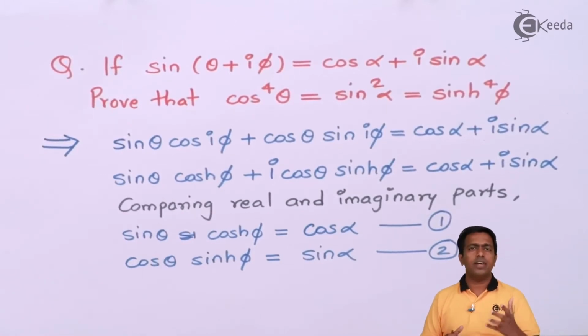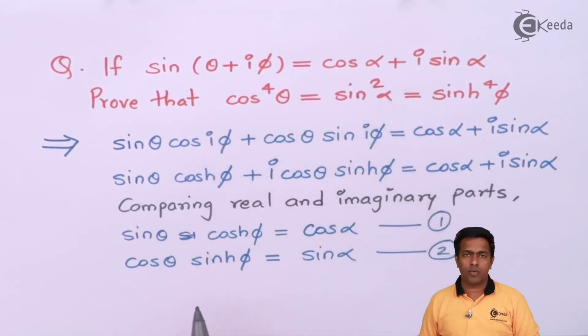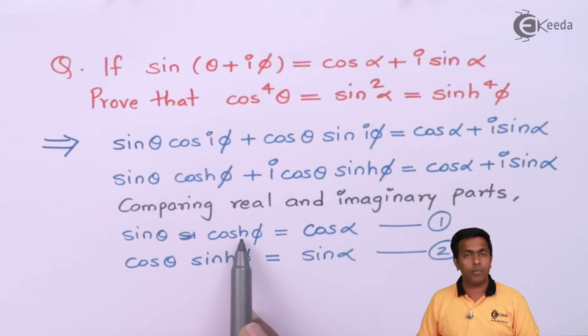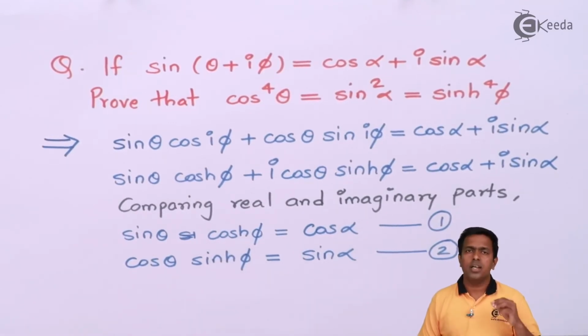So this is what the trick is. So I'll write the formula in terms of phi. Now for phi we have 2 terms, which are hyperbolic cos phi and hyperbolic sin phi. So I have to use some hyperbolic function formula in which hyperbolic cos phi and hyperbolic sin phi would come.